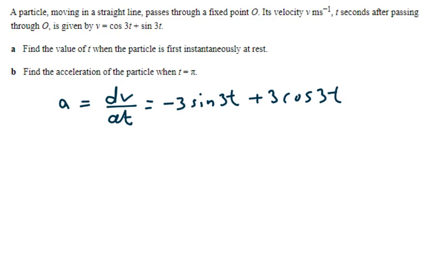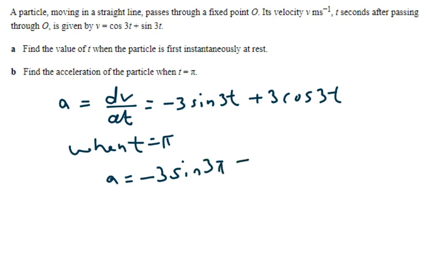And then when t is equivalent to pi, acceleration will be equal to negative 3 sine of 3 pi, plus 3 cosine of 3 pi. All you need to do is enter all the values in the calculator. So this particular part you will be getting as 0 because sine of 3 pi will give you 0.